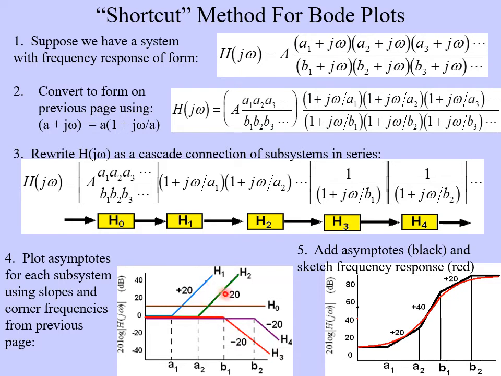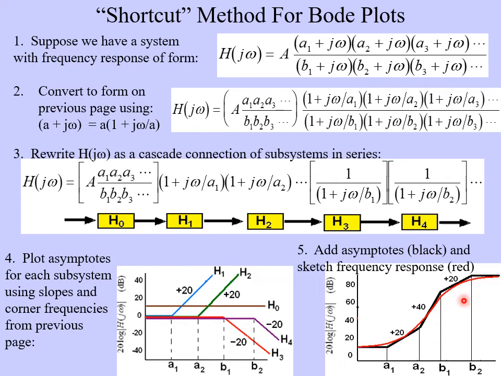So 20 plus 20 minus 20 is plus 20. So the slope is still positive, but it's only 20 now. Once I finally get to B2, I'm adding all my asymptotes now. So I've got plus 20, plus 20, minus 20, minus 20, which of course is 0, right? We've got 40 minus 40. So the slope of this thing zeroes out and it's flat again, it's horizontal.